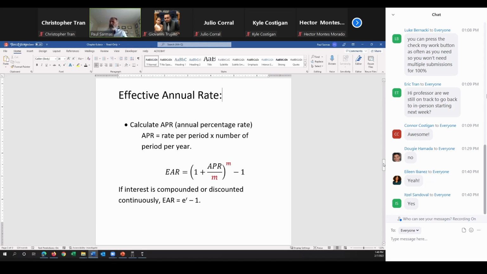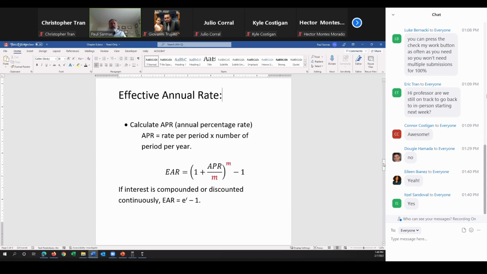You see APR, annual percentage rate. So if it's 2% per month, you take 2% times 12, and the APR is 24%. So the interest rate is quoted on an annual term to you. You always get APR.